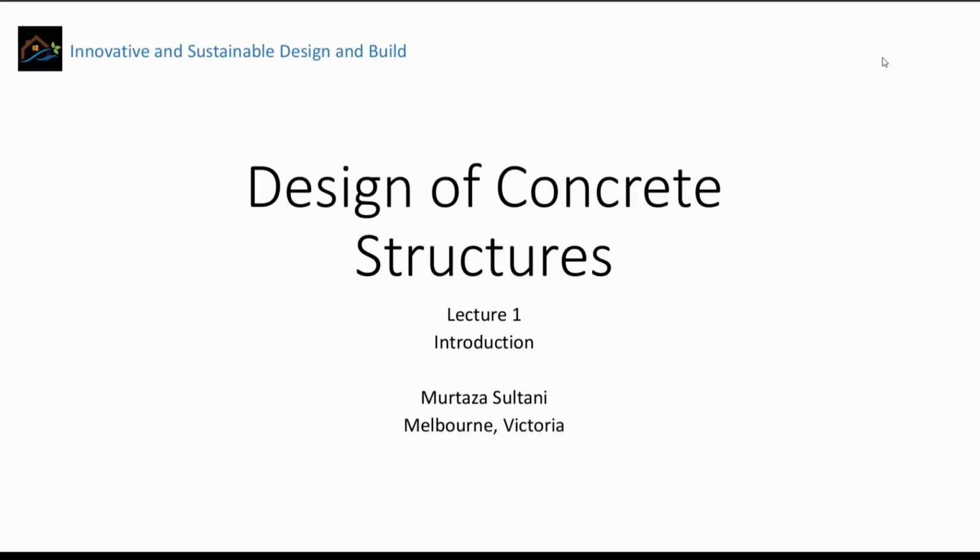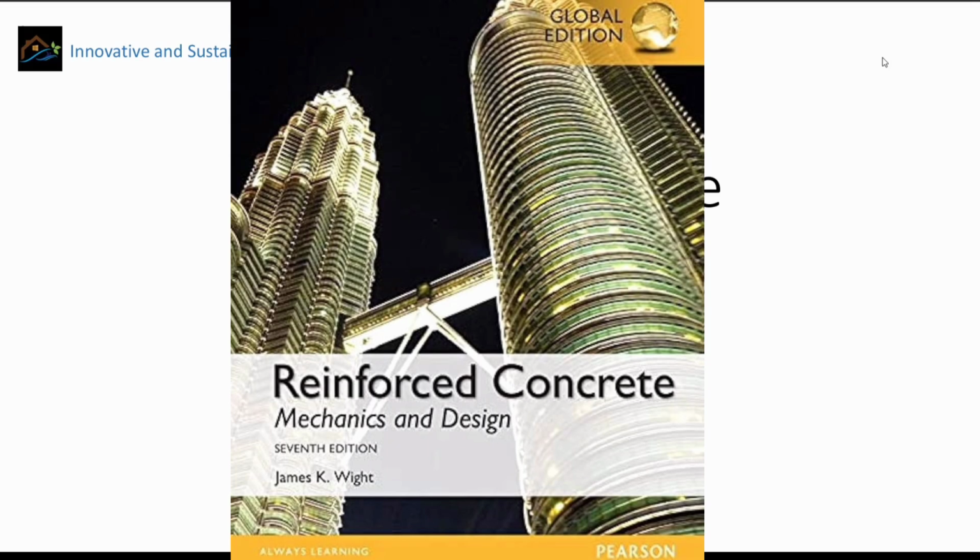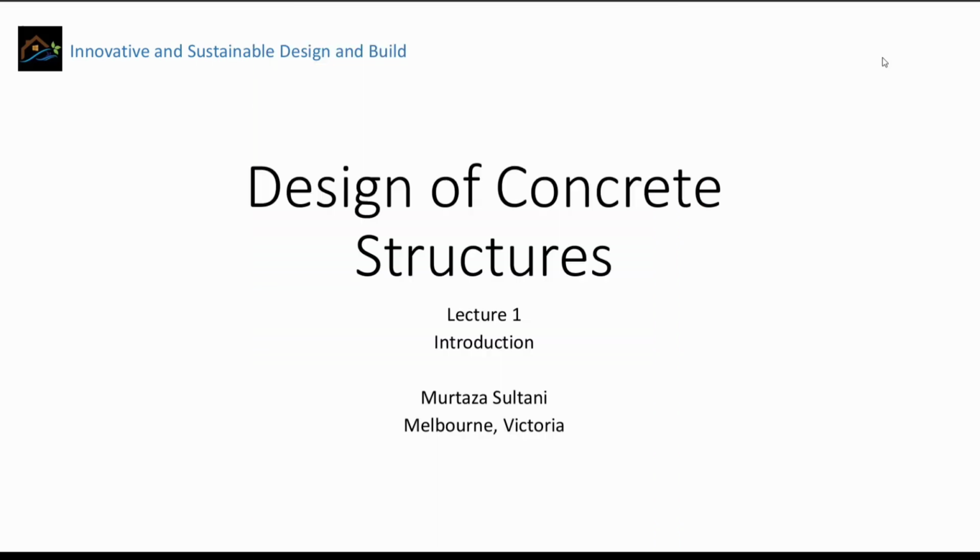We might also use another book as a resource, and that is called Reinforced Concrete Mechanics and Design, 7th edition. If you have these books, then you are ready to go, and it's easy to follow the lectures. If you don't have the books, I recommend you get the books first and then follow each lecture chapter by chapter, and also read the book.